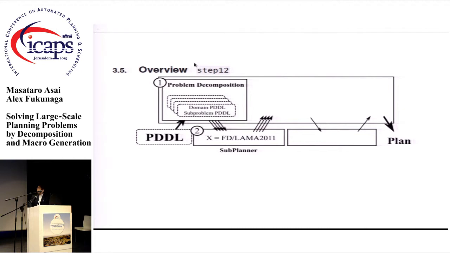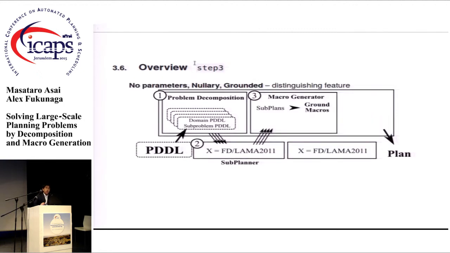Next, we further describe the details of this system. The first step decomposes the problem into explicit PDDL definitions of the sub-problems. These are solved independently by the underlying planner and returned to CAP. CAP converts these sub-plans into ground macros, which have no parameters, which are narrow and grounded.